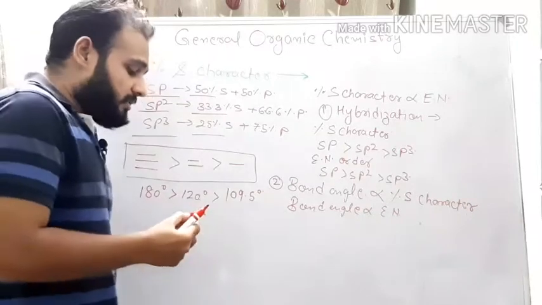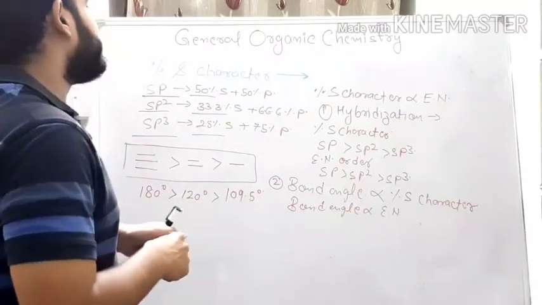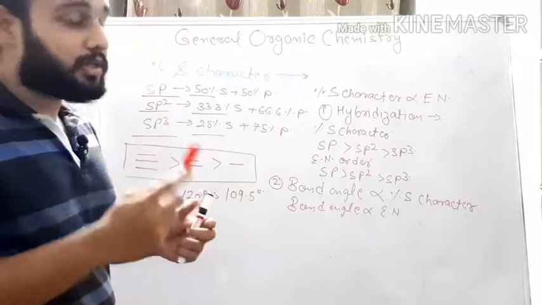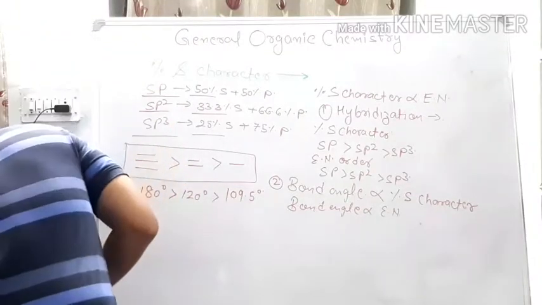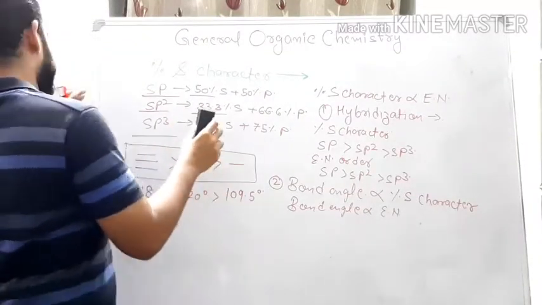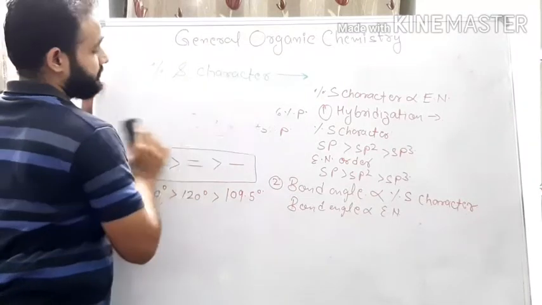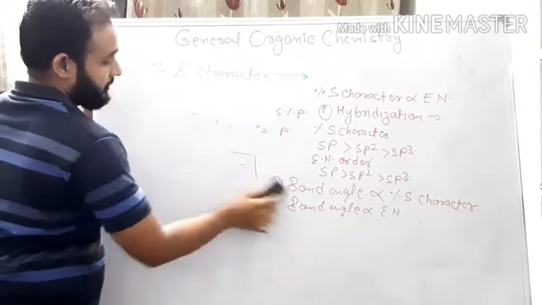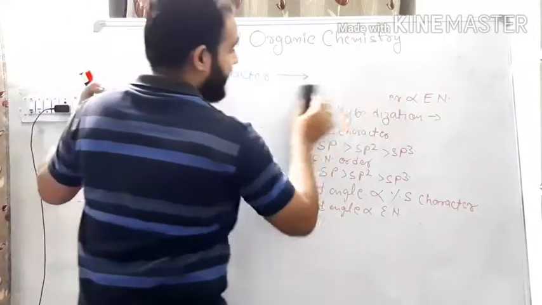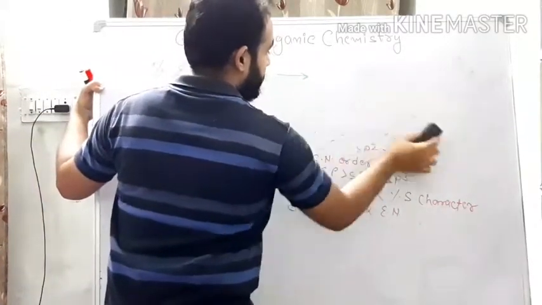Now the third class for this percentage s character concept is ring compounds. How can you relate ring compounds with these concepts?